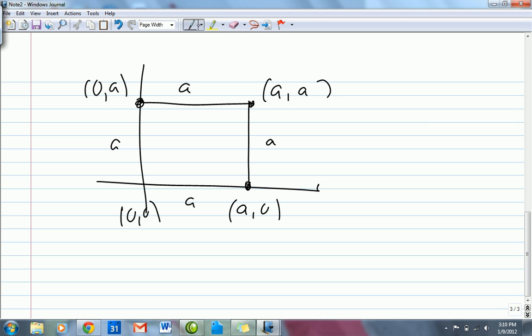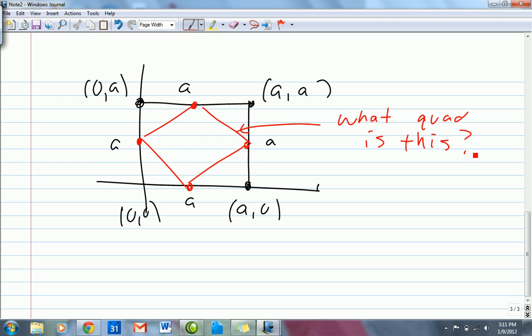So my question to you is, if I take all the midpoints, so those are all the midpoints, and if I connect them, what quadrilateral is this? Is it a parallelogram? Is it a rectangle? Is it a rhombus? Or is it a square? And that's what we're going to start talking about in class tomorrow.